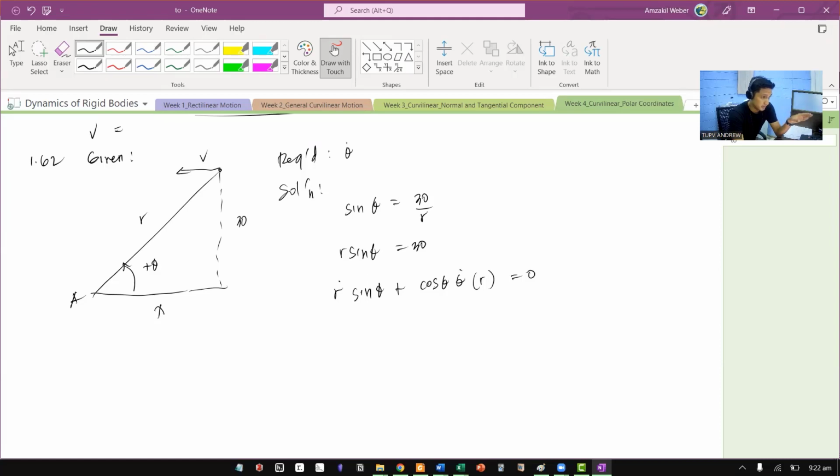R dot times sine theta, plus the derivative of sine theta, which is theta dot times cosine theta, times the left term, which is r. The derivative of 30 is 0.